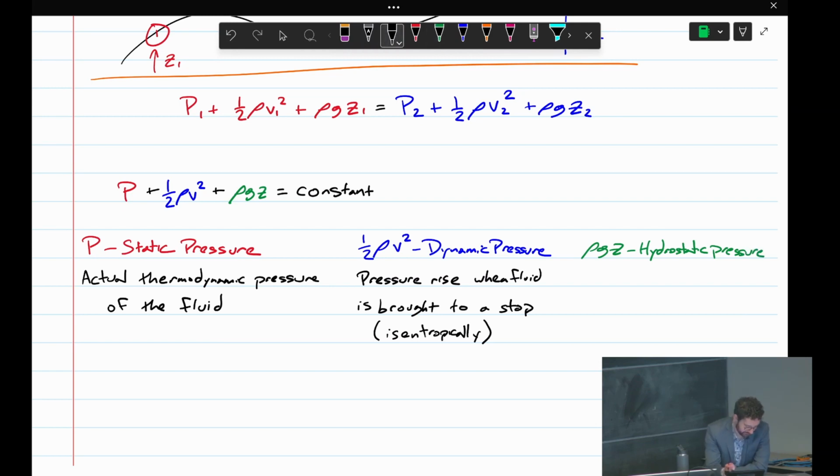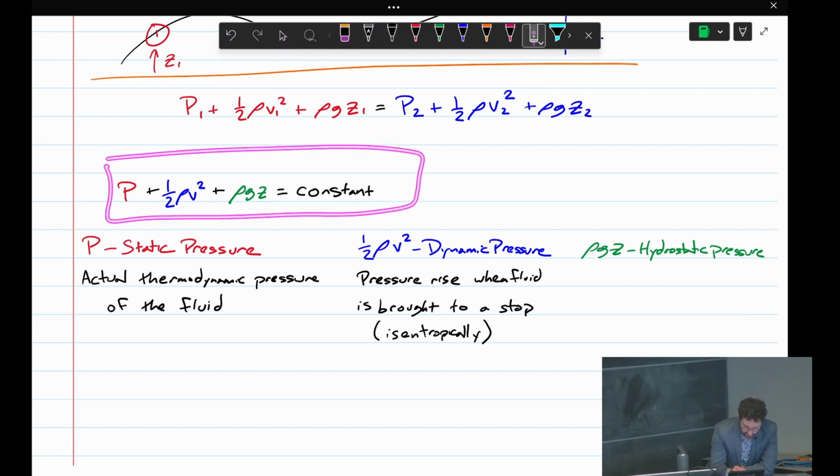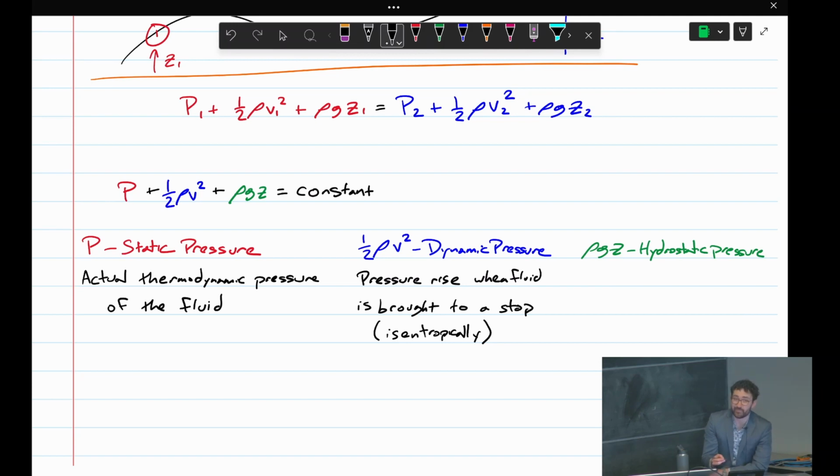And actually the term rho gz, if all you have is this equation here, constant, the term rho gz really isn't that helpful, because the choice of z is arbitrary for one side of this equation.